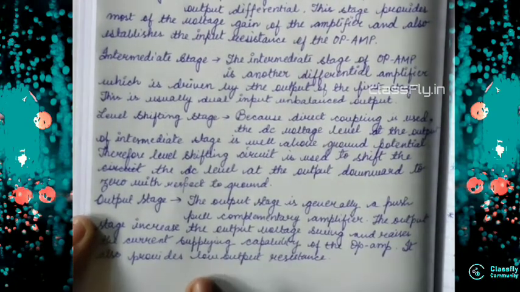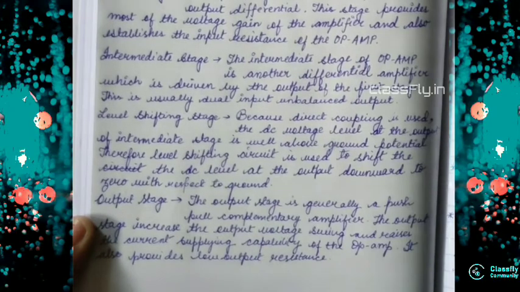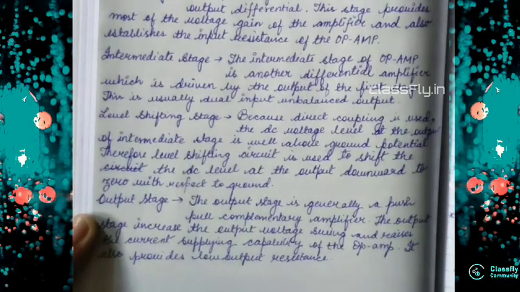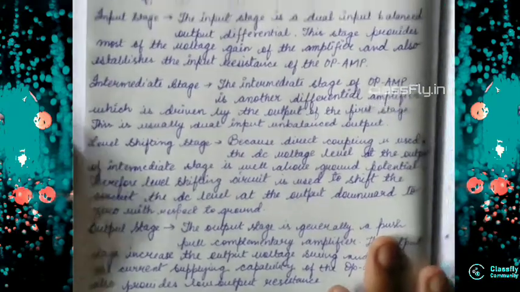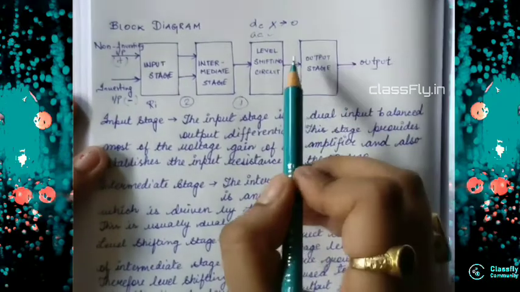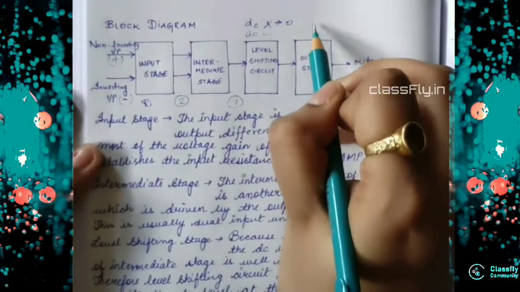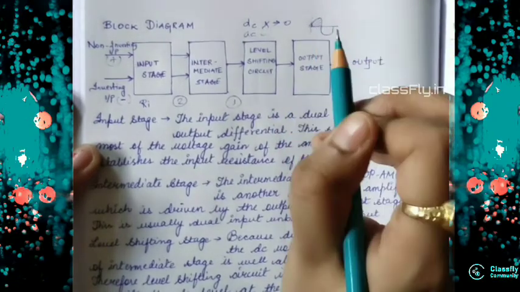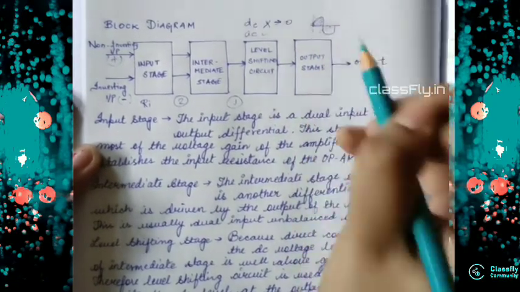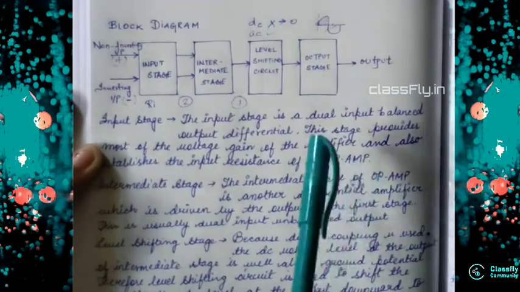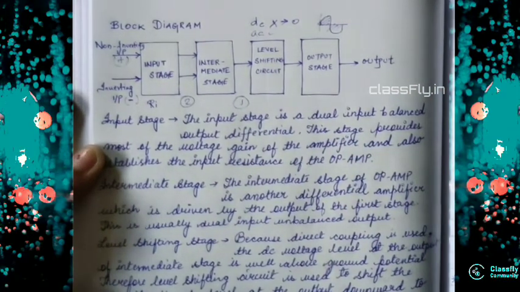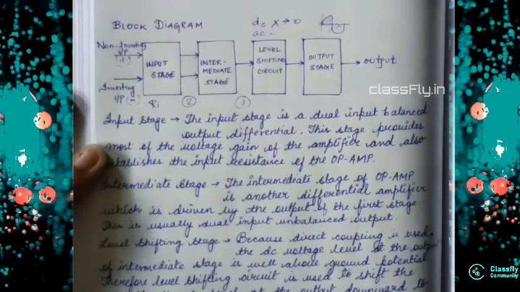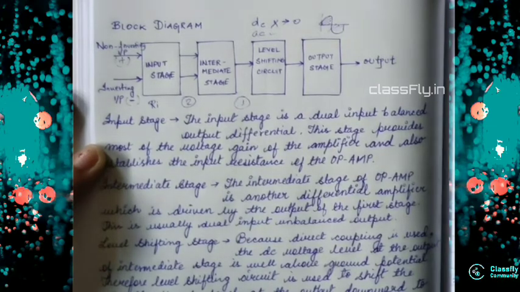It also provides low output resistance, which basically means low output impedance. Our output stage has one input. In the first part of the push-pull it will have one wave, and in the second part it will have the second wave. So in this stage it will increase the output voltage swing and raise the current of the op-amp.